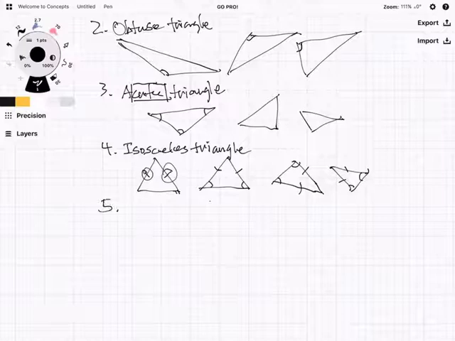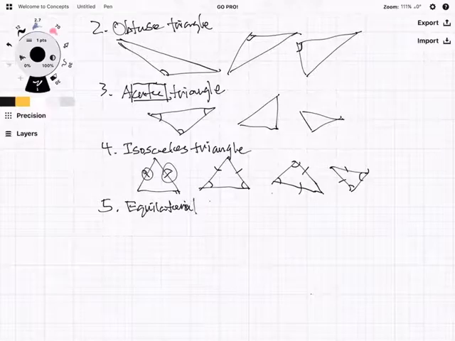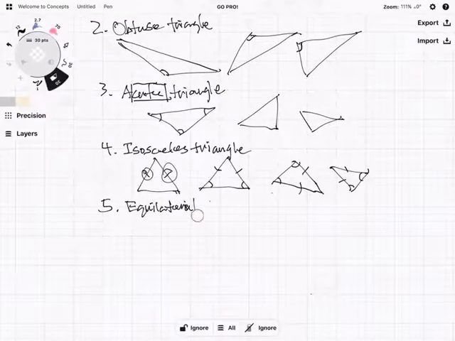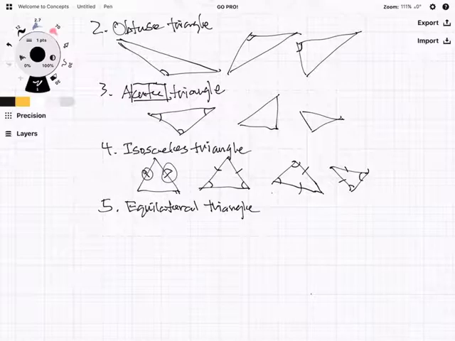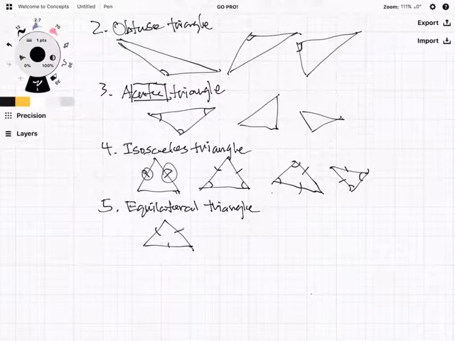Next, we're going to be talking about an equilateral triangle. Equilateral, there is no I in there. Why did I write an I? An equilateral triangle is a triangle where all three sides are equal.